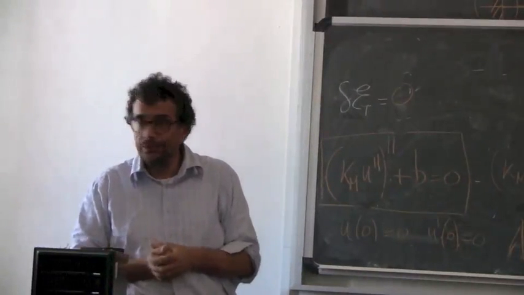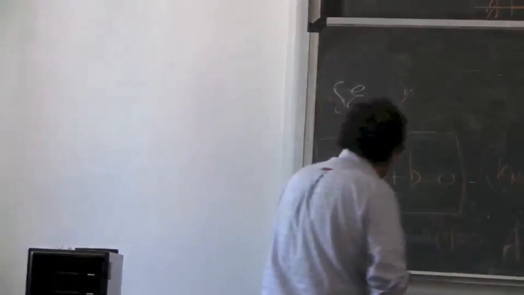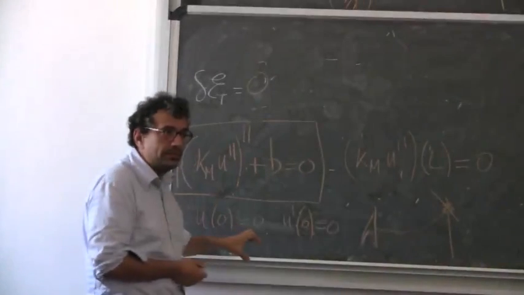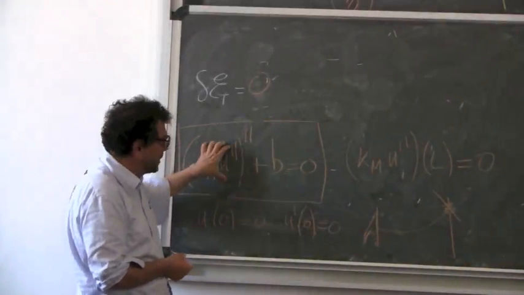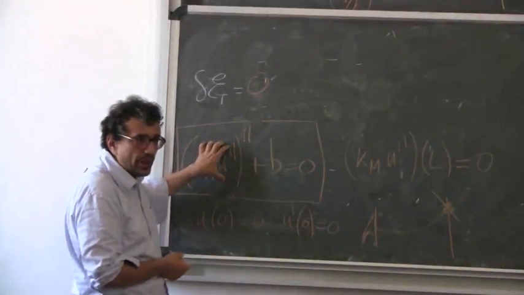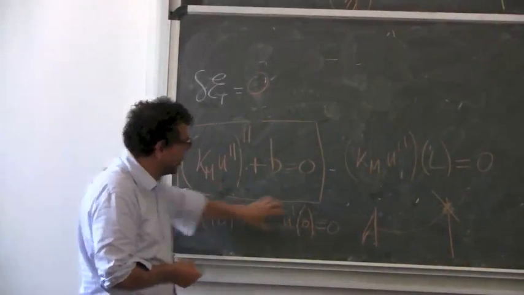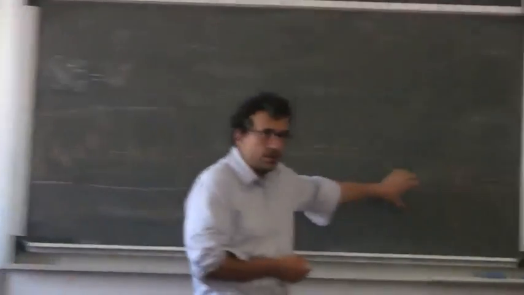Okay? We integrate by parts, and following Euler, we find this differential equation plus 1, 2, 3, 4 boundary conditions.